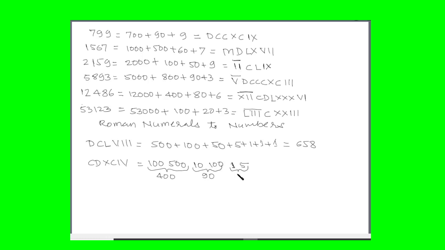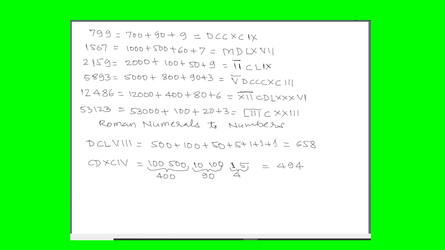And this is 5 minus 1 is 4. So this is 400 plus 90 plus 4. This is equal to 494. So this will make your understanding better for how to convert the Roman numerals into numbers.